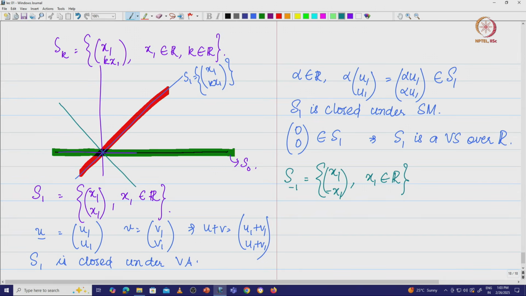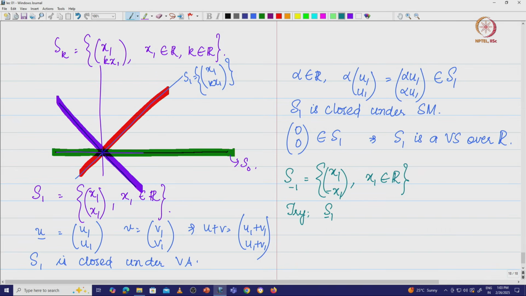So, it is going to be like this, x1 comma minus x1, and what we see here, you can actually prove that this guy is also a vector space over R. We can prove that, you can try.